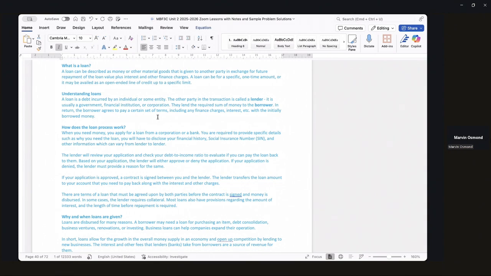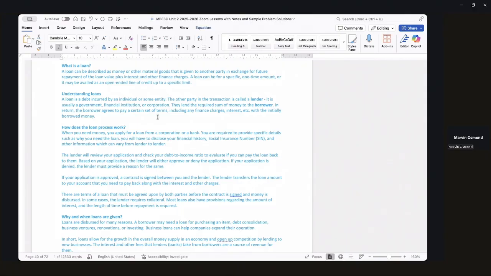A lot of times they'll do what they call a credit check. You have a credit score. Everyone does. There's a couple of companies that do it. If you borrow money or you have a credit card, then you're being tracked by a couple of companies.